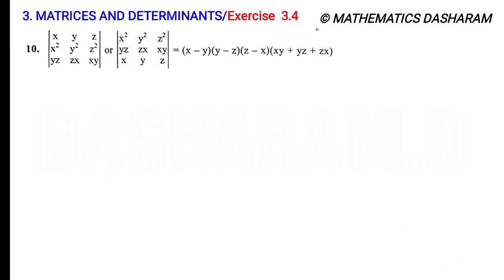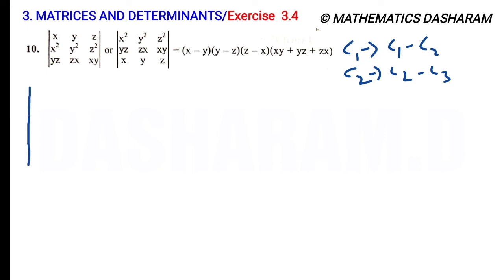10th question. So here C1 replace with C1 minus C2. Next C2 replace with C2 minus C3. So then what will happen here? First C1 replace with C1 minus C2.